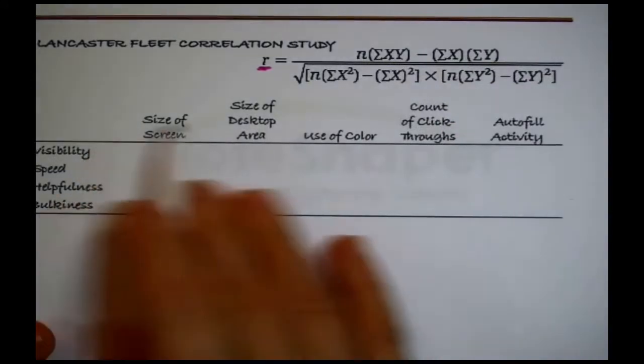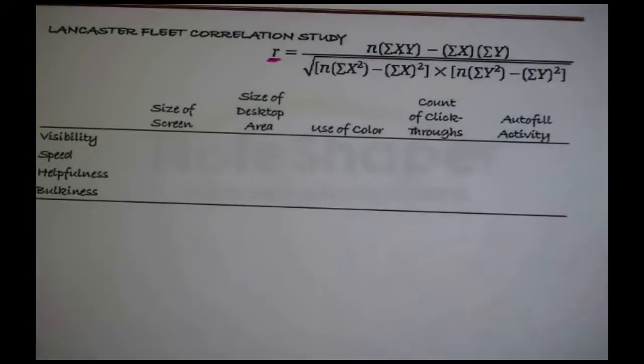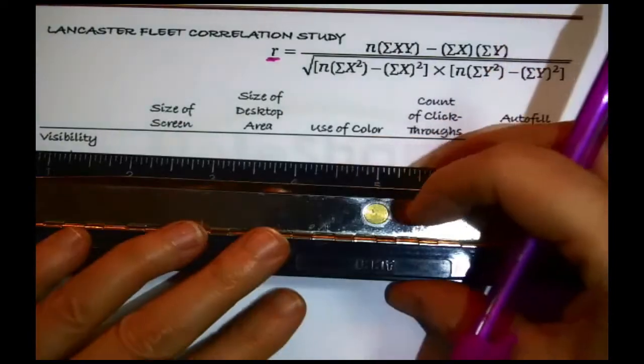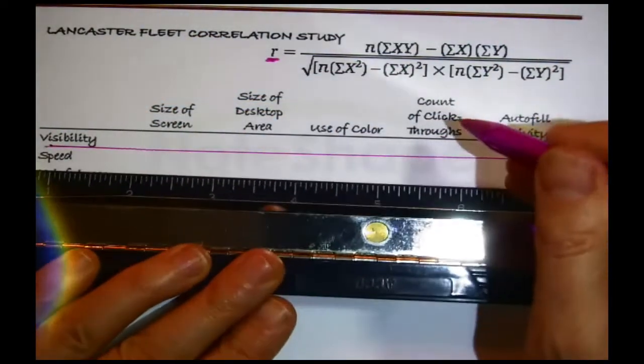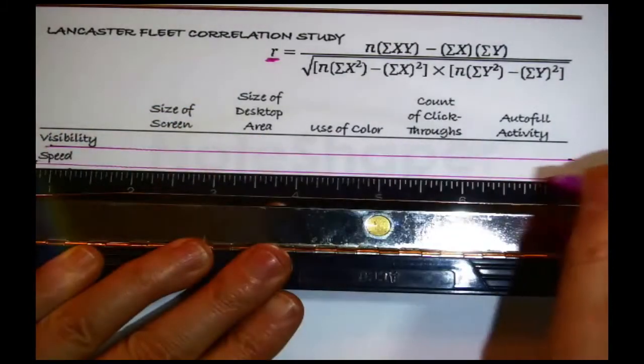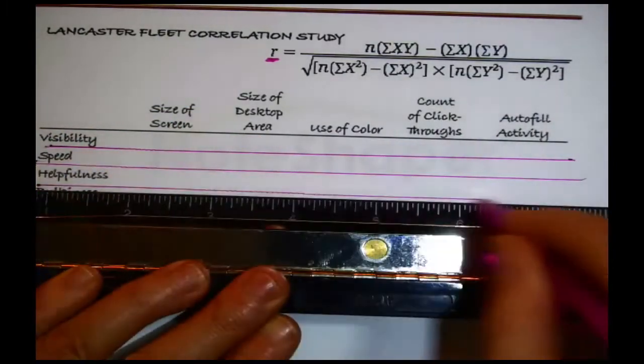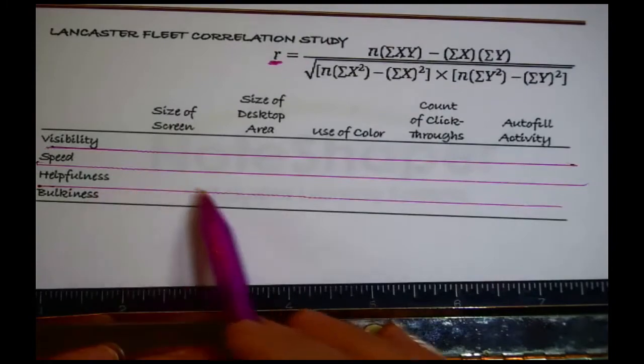Now, wait a minute. Here, this is a blank table. This is actually our ultimate goal, to fill this out. Because see here, as the rows: visibility, speed, helpfulness, and then bulkiness, maybe not so much.